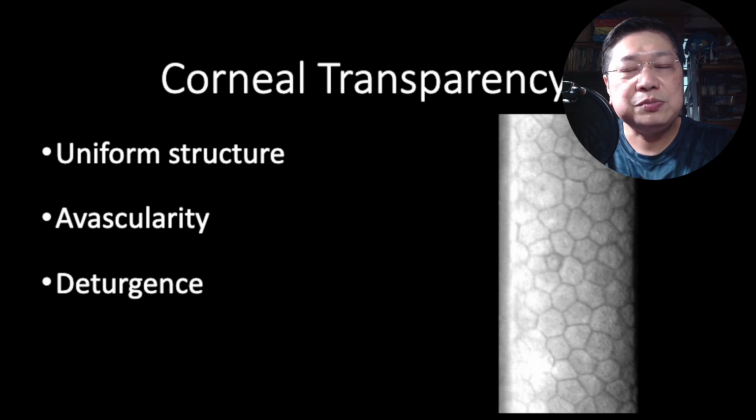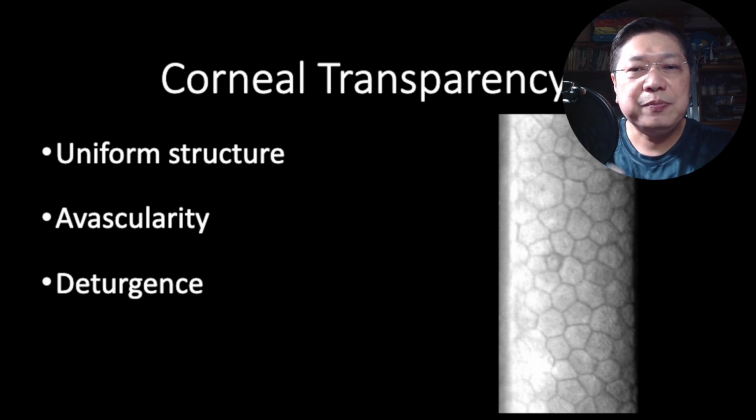One is its uniform structure. The stroma is actually layered very, very uniformly. It's layered very, very well. It's avascular. That means there are no blood vessels. I told you again where the nutrition is coming from. It doesn't have blood vessels, and detergents, meaning it's dry.